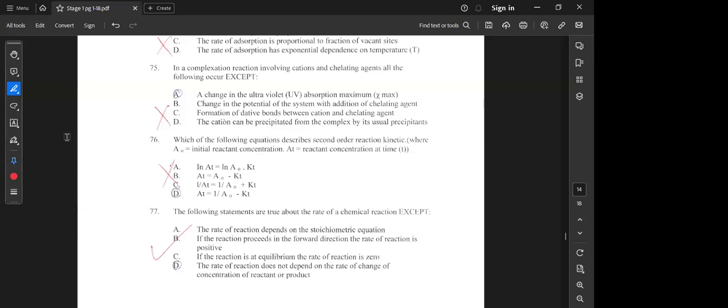I have a different opinion. Okay. Yeah, I'm on answer C, because when the reaction is at equilibrium, the rate of the forward reaction is equal to the rate of the backward reaction, not that the rate of reaction is zero.